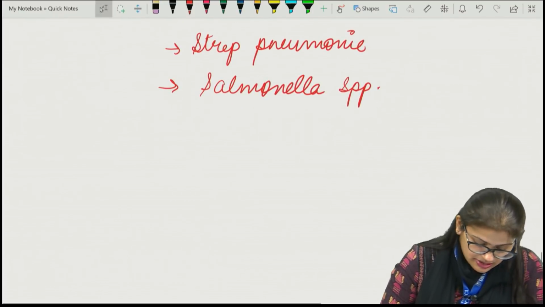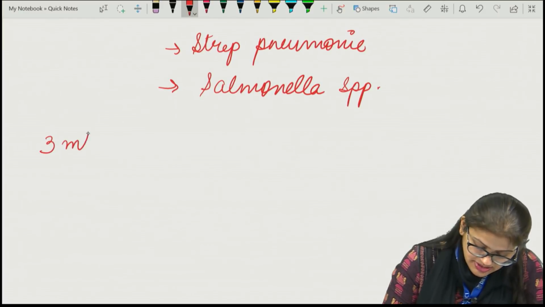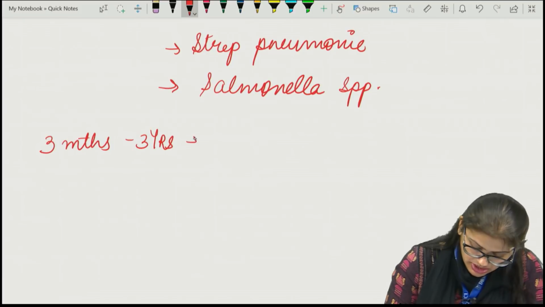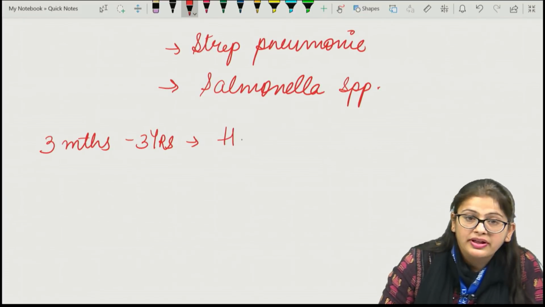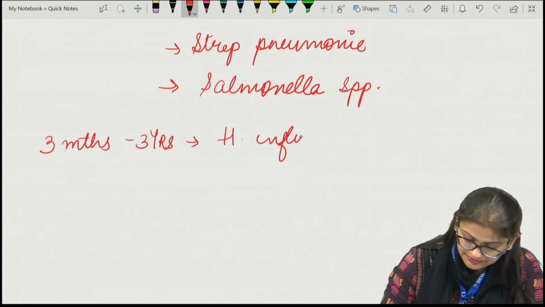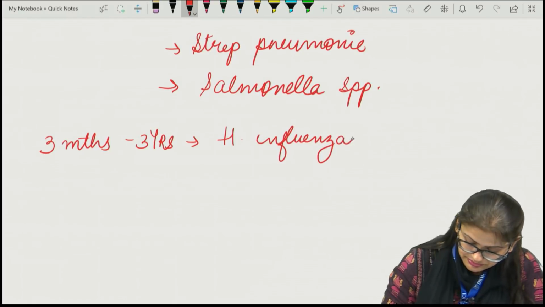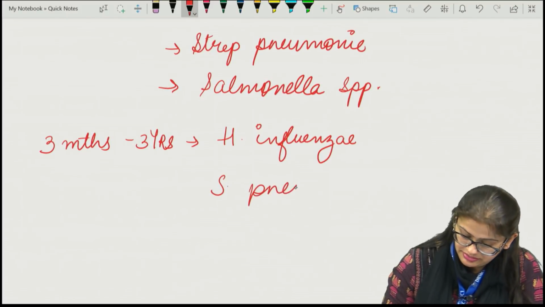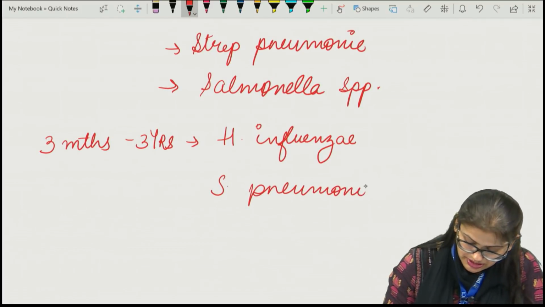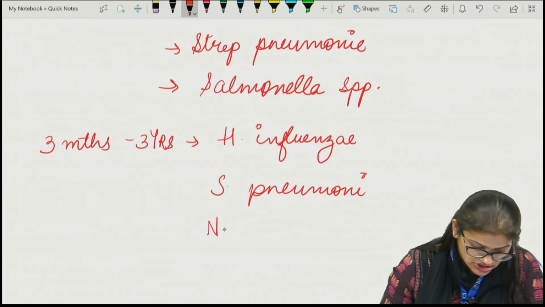In children between 3 months and 3 years of age, the common organisms include H. influenzae, strep pneumoniae again, and Neisseria meningitidis.